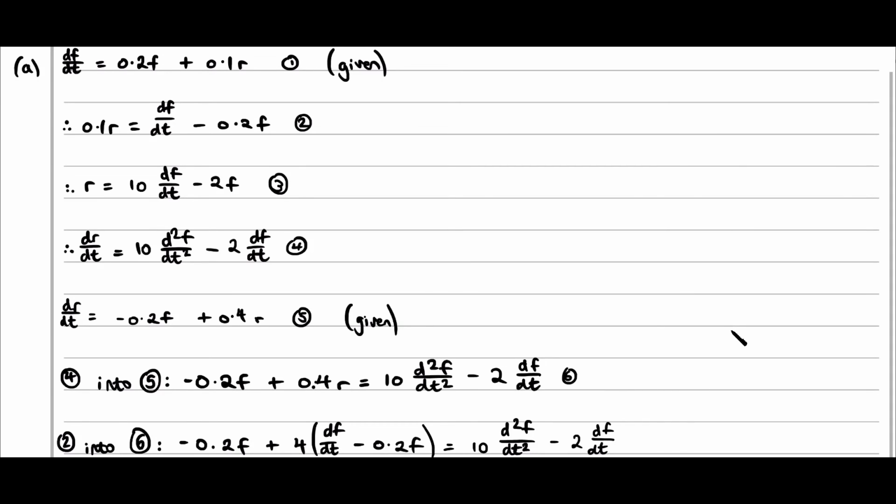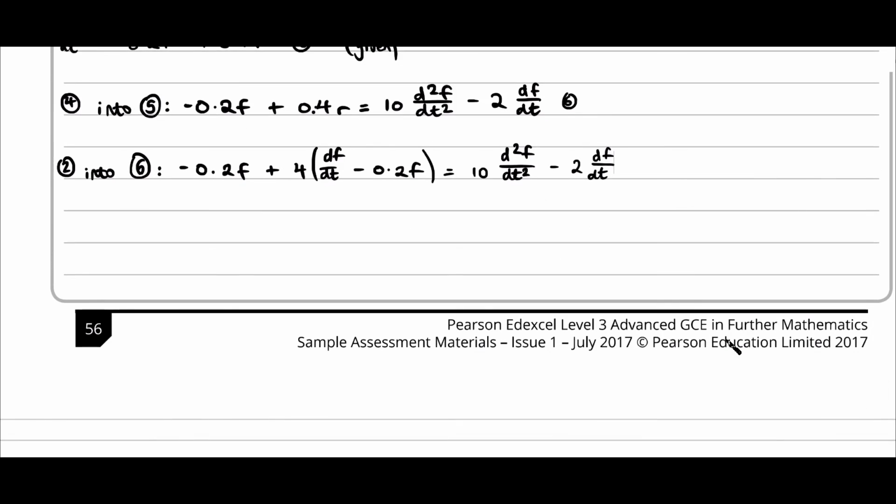So the next couple of steps is just some algebra. So we have minus 0.2F plus 4 dF/dt, minus 4 times minus 0.2, which is minus 0.8. So we have minus 0.8F. And this is equal to 10 d squared F over dt squared minus 2 dF/dt.